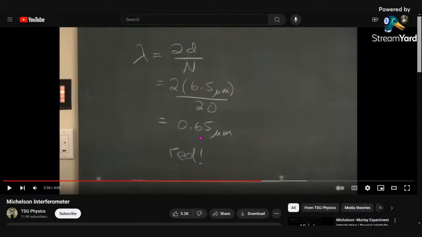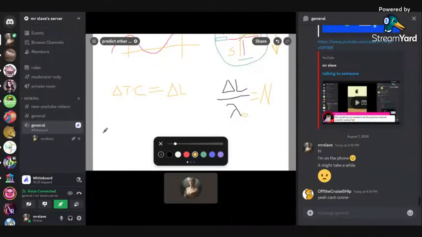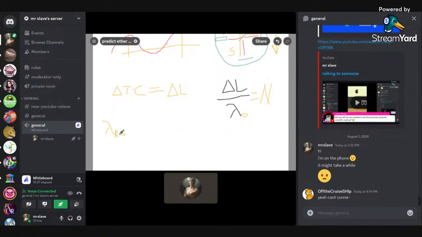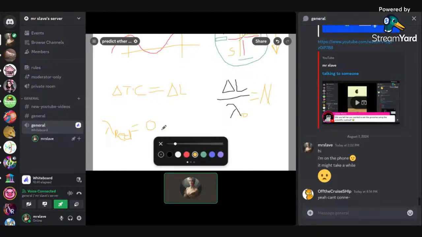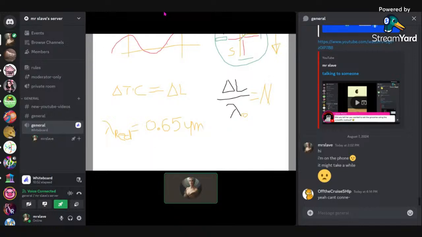Red is 0.65 micrometers. Let's assume red is 0.65 micrometers. So lambda red is equal to 0.65 micrometer. Is this how you write micro?